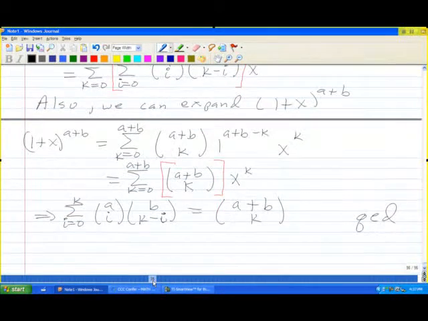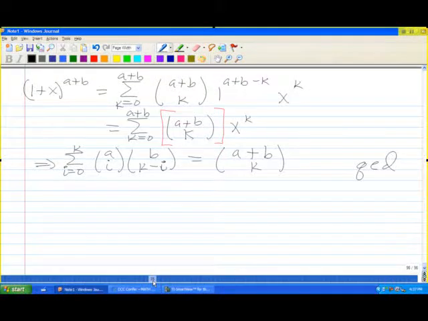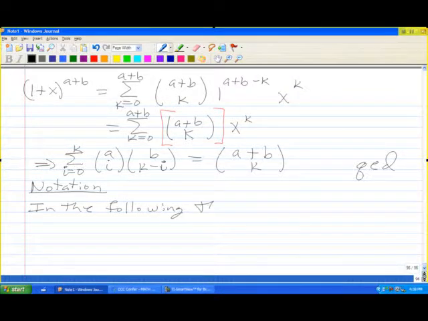Okay, so the following notation in the following theorem, the binomial theorem.